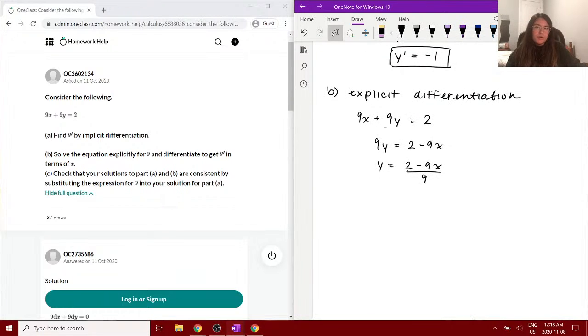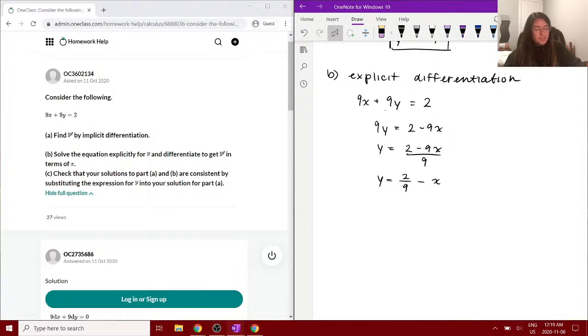And now I'm just going to simplify this a little bit more. We're going to split this fraction into 2 different terms. So it's 2 divided by 9 minus 9 divided by 9x, and 9 divided by 9 is just 1, so I'm just going to write minus x.